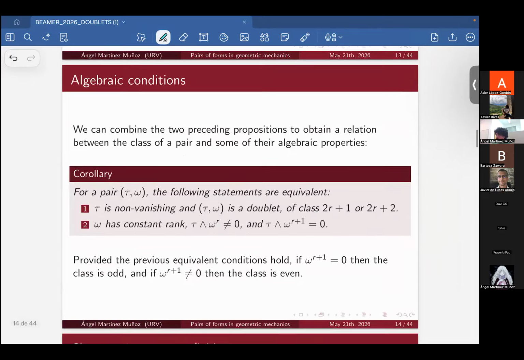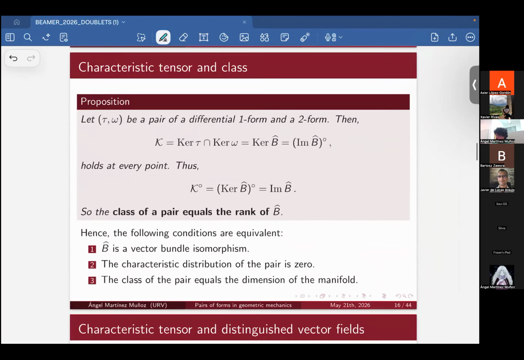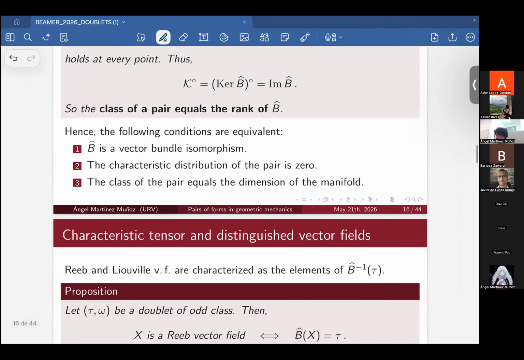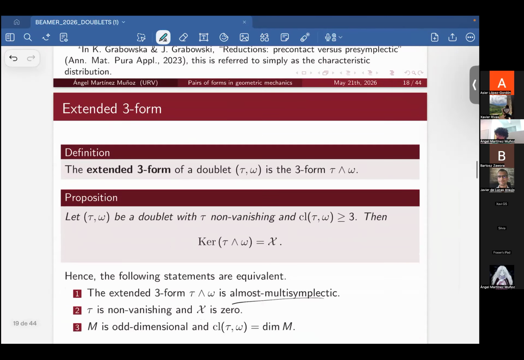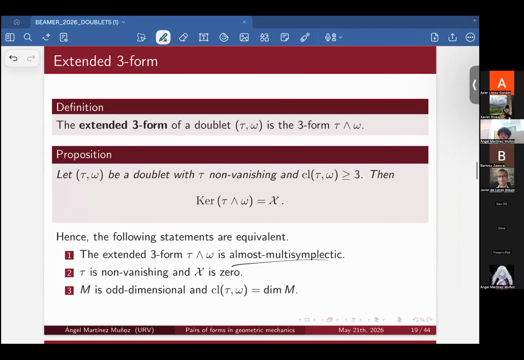Yeah. Because I will tell you that something that is also interesting in certain theories is the structure of the set of the rank of the kernel. When you have, for example, intersection of kernel eta and intersection with omega, it will have a structure, and sometimes this structure is such that the set of points where the rank is 0, rank 1, rank 2, whatever you have for higher order, you can make some characteristic distributions, and depending on the rank, you can divide the total space into certain subspaces.